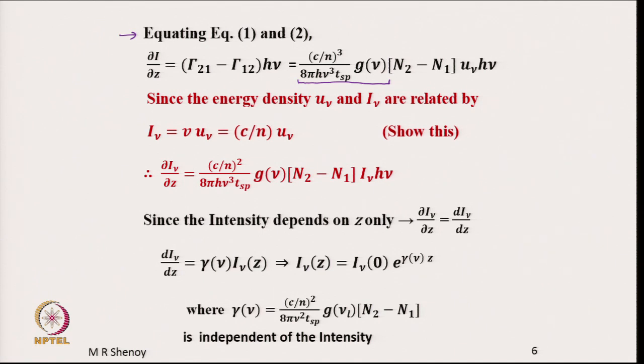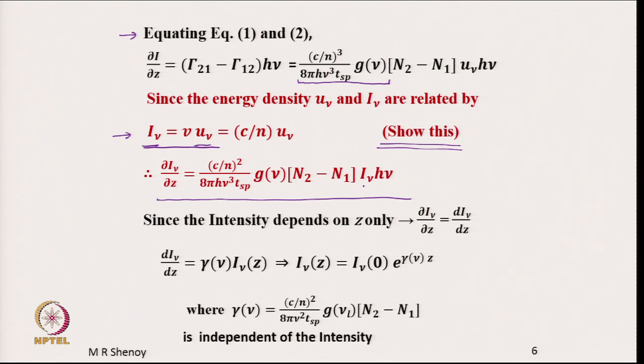Since the energy density U nu and I nu are related by I nu equal to v times U nu, where v is the velocity, which can be written as c by n into U nu, the intensity and energy density are related through this relation. So, making use of this for U nu, if we substitute I nu by v, we get this expression.